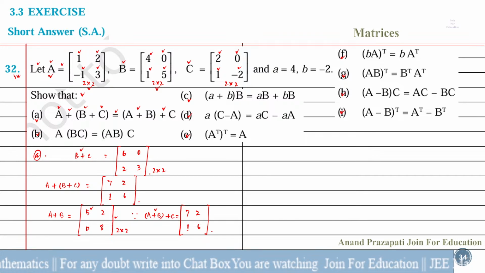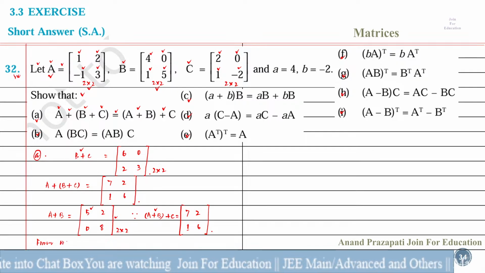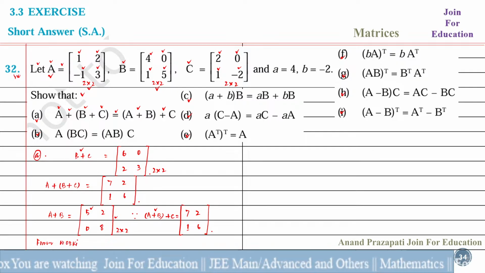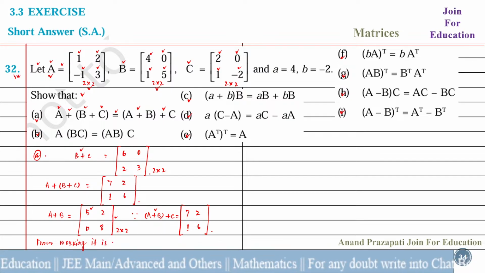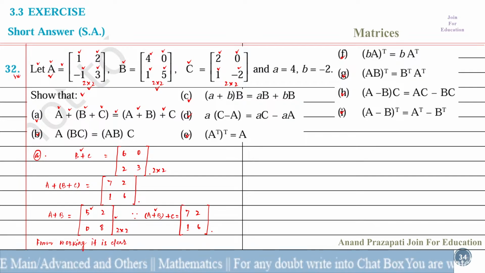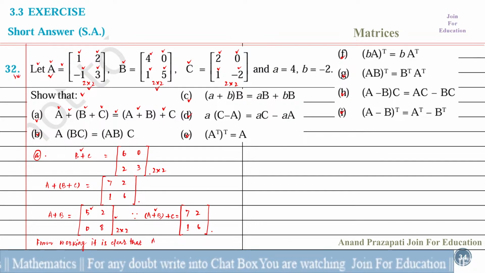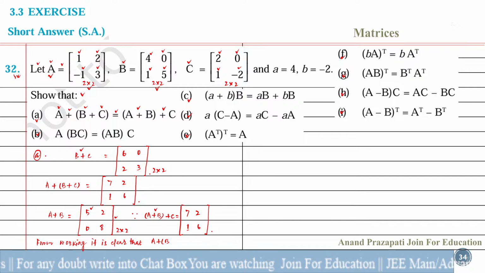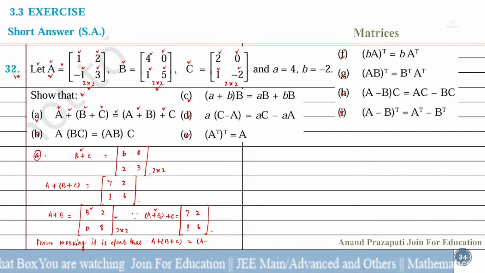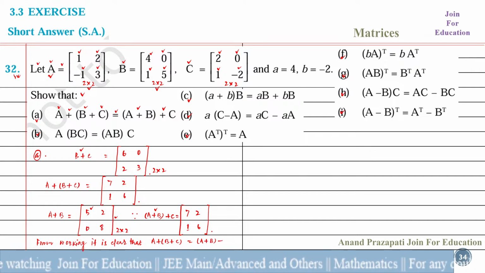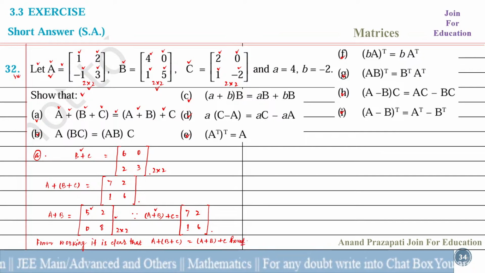So from working it is clear that A plus (B plus C) equal to (A plus B) plus C. Proved.